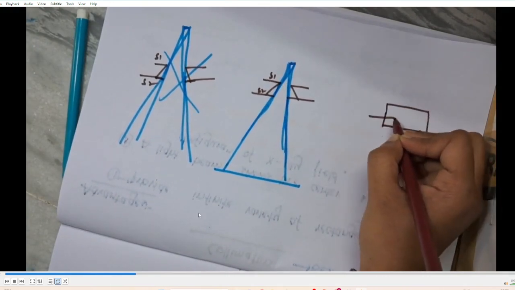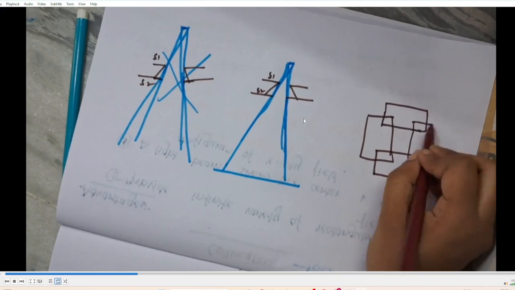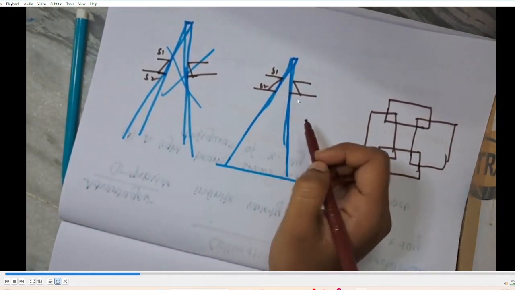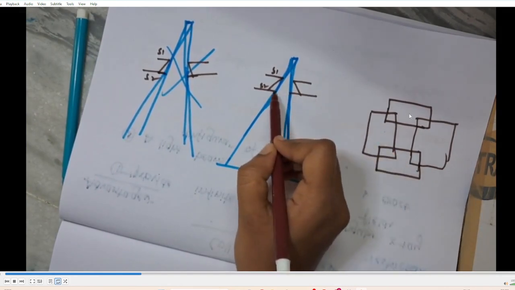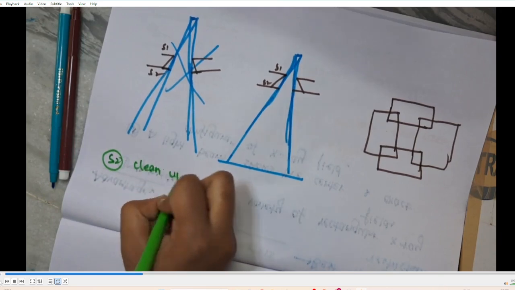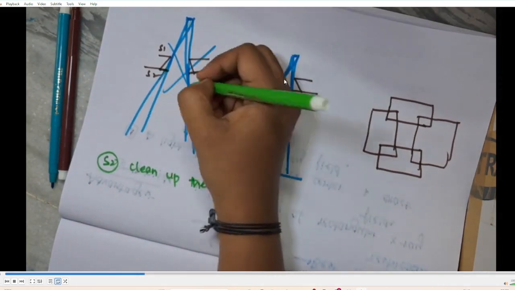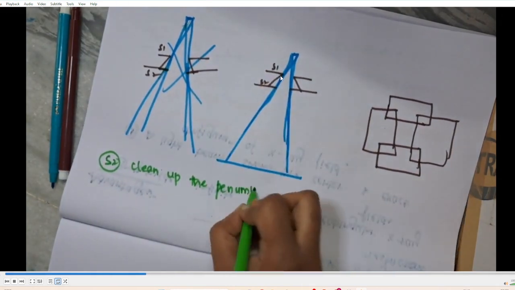The penumbra which is created by the first shutter is cleaned by the second shutter.